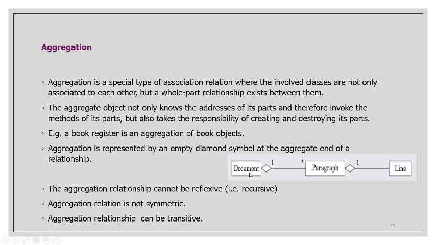That's why the line class is fully associated with the paragraph class, which is fully associated with the document. There are no parts in the paragraph which are not associated with the document. So this means that one document can have many paragraphs. On the other hand, if we wanted to indicate that a document consists of exactly 10 paragraphs, then we would have written the number 10 in place of the asterisk.